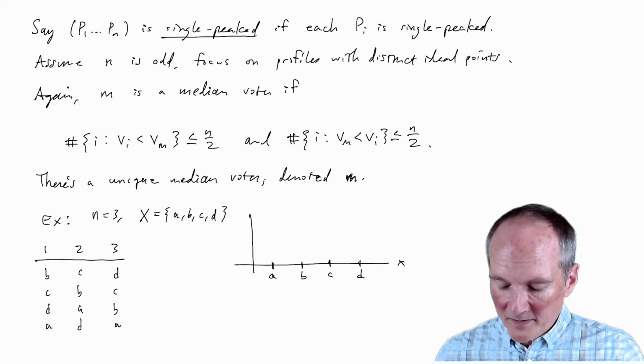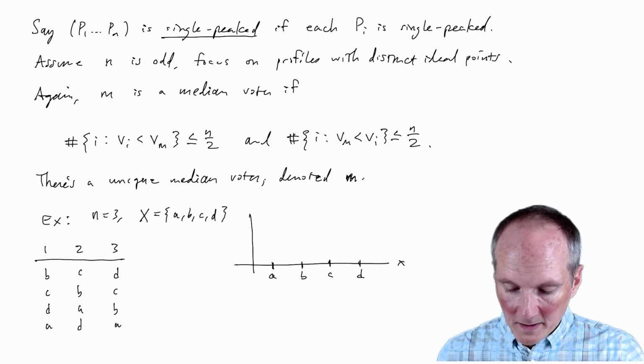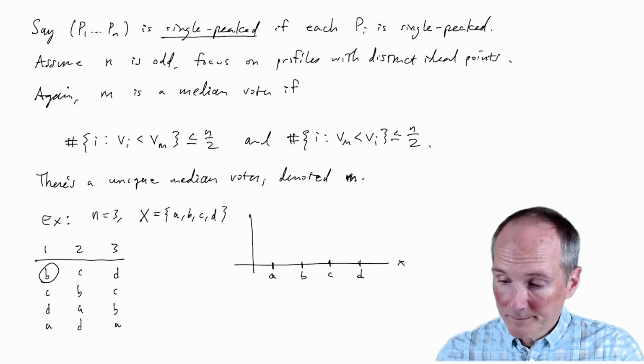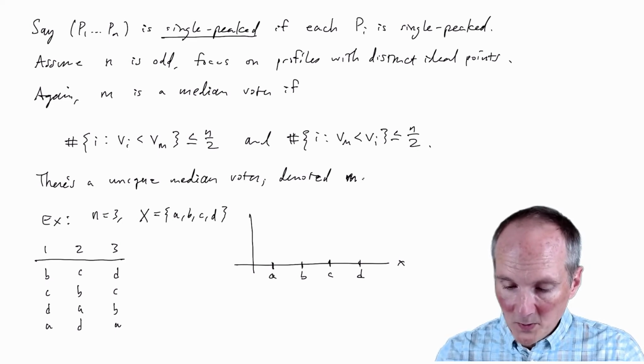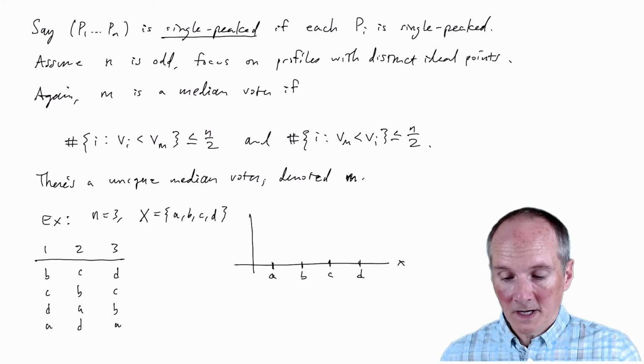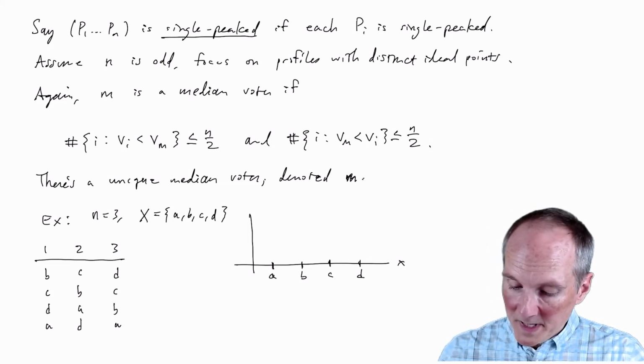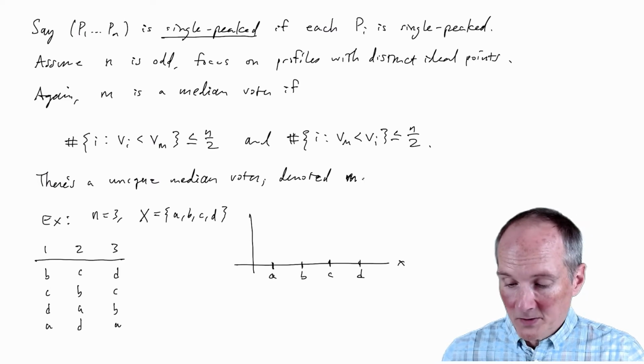Let's make sure these preferences are single-peaked, right? Person 1 has an ideal point, right? B is preferred to every other alternative, okay? So that satisfies the first condition in the definition of single-peakedness. But now we have to make sure that the other 2 conditions hold.